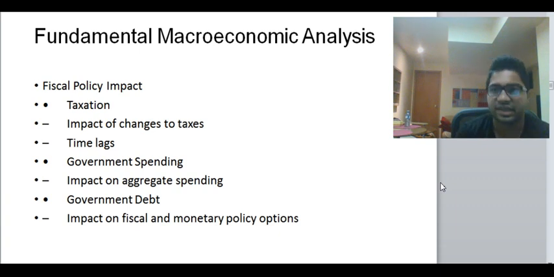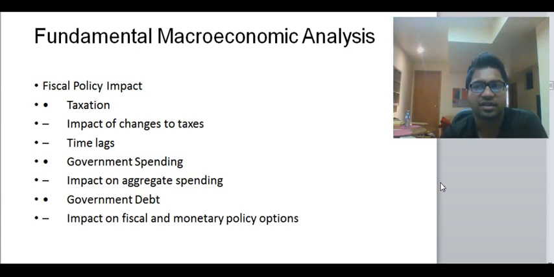The next is government taxation. Now, if the government increases taxes, then individuals in that country will have a lesser amount of money to invest and to spend. So it is generally considered negative for the economy and the market, because if individuals are not spending, companies don't have an increase in sales and an increase in profits.